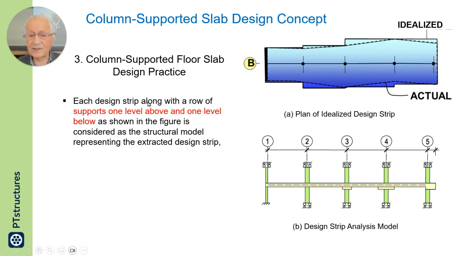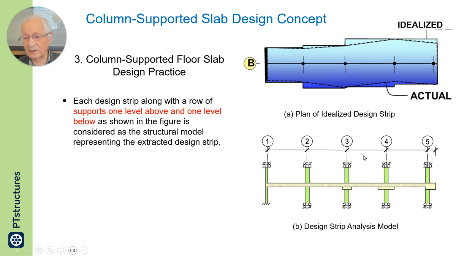For each design strip along with a row of supports, one level above and one level below, as shown in the figure, is considered as the structural model representing the extracted design strip.